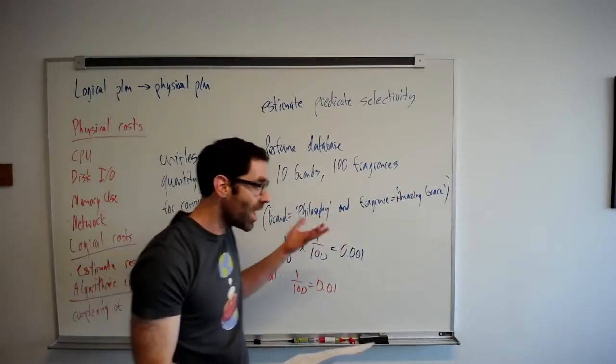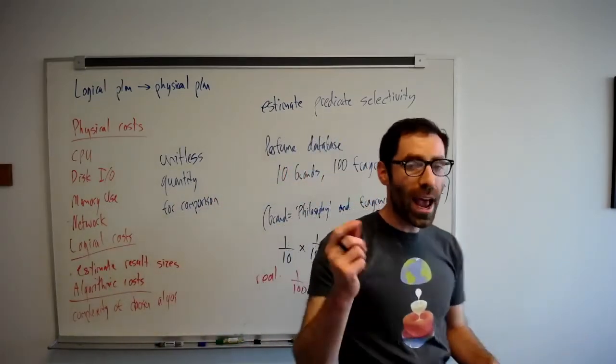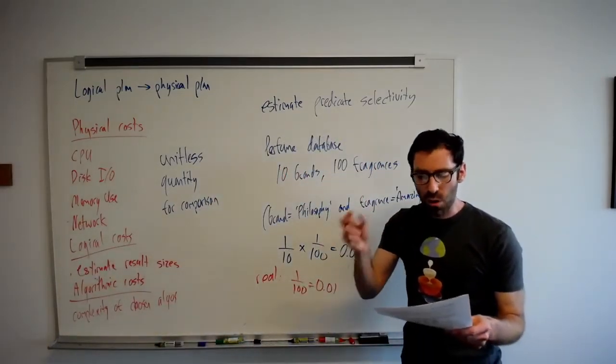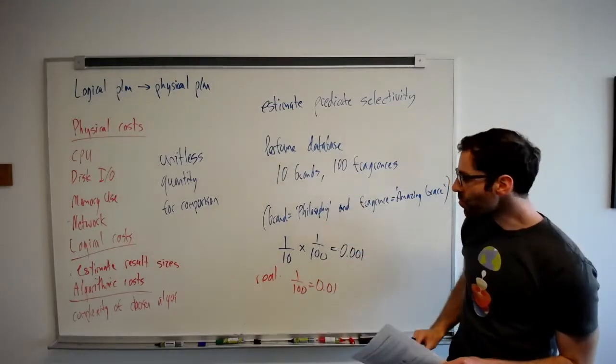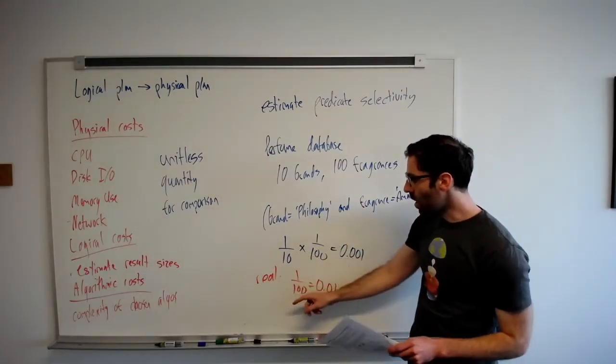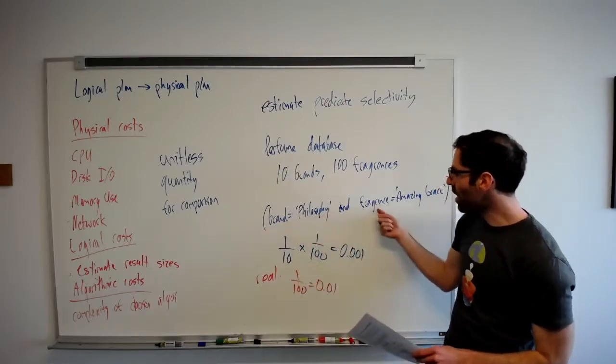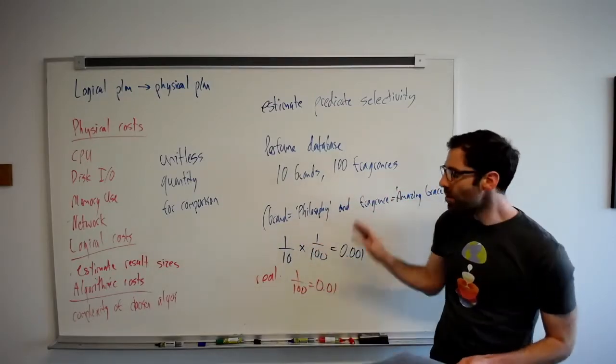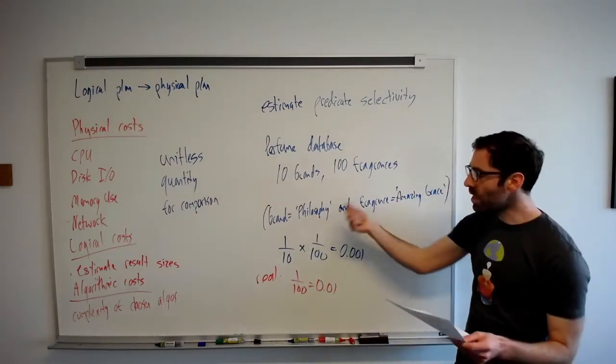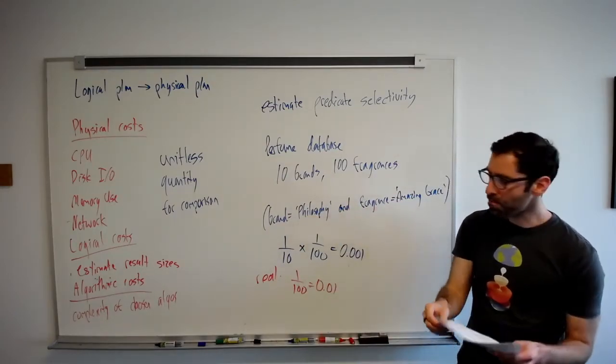And this is why high-end systems will actually compute statistics about correlated columns. We'll compute this sort of information that the brand and fragrance columns are related and correlated and be able to take that into account.